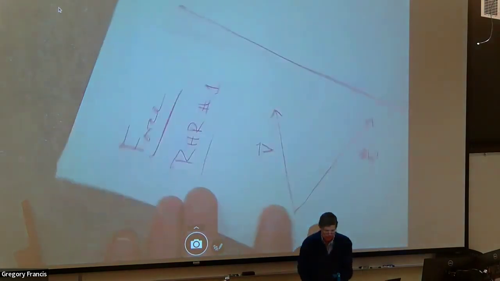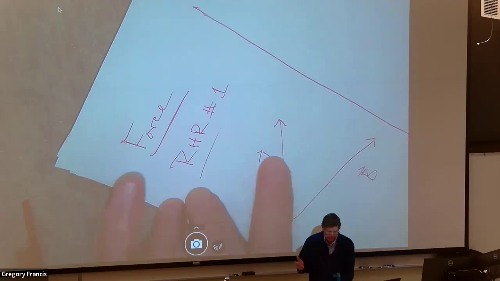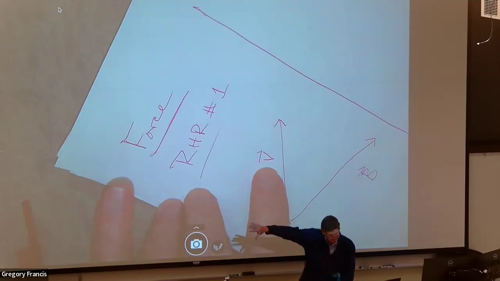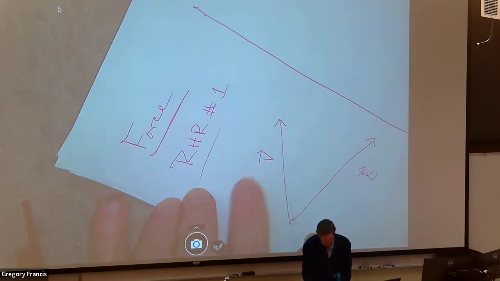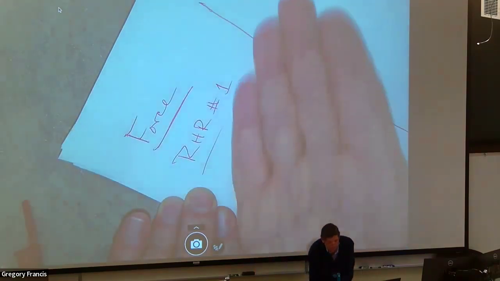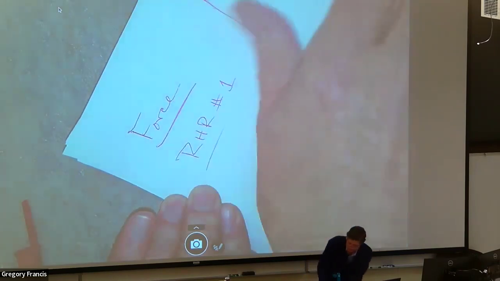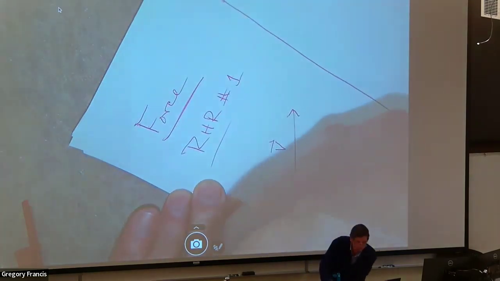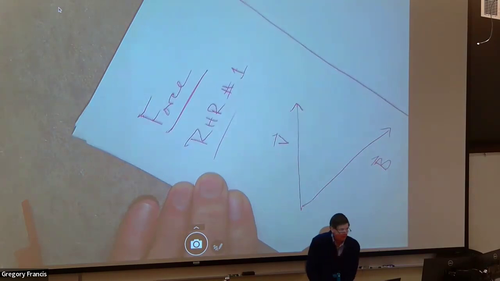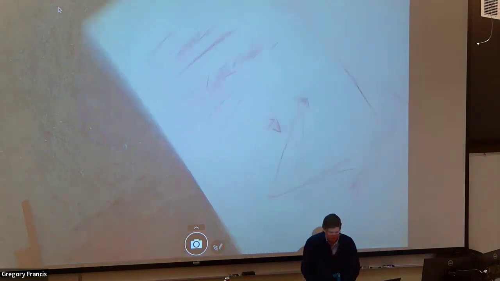I see some people looking at their page and doing the thing up here and then trying to figure out what that thumb means. But if I take it right along my page and then turn my wrist so that I can wave in the direction of the B field, I won't get myself messed up.